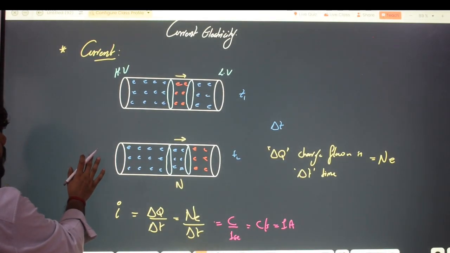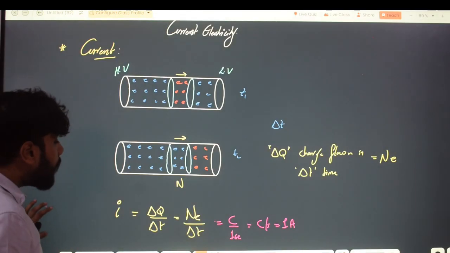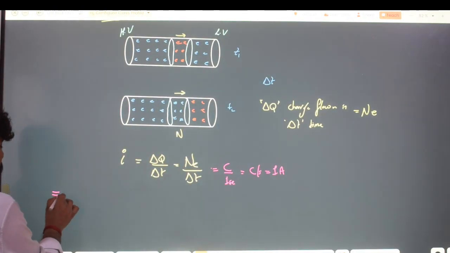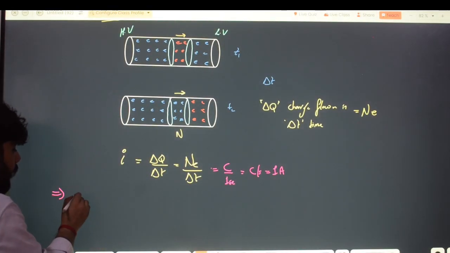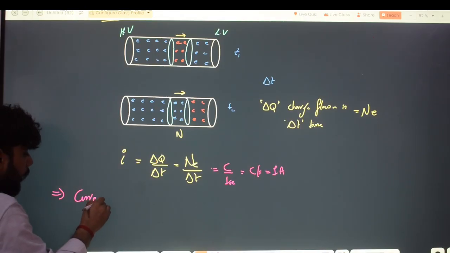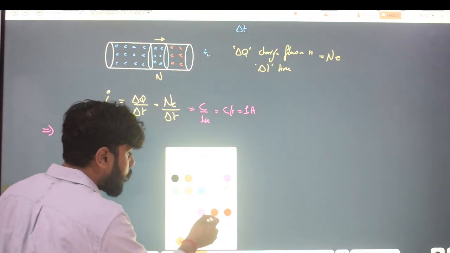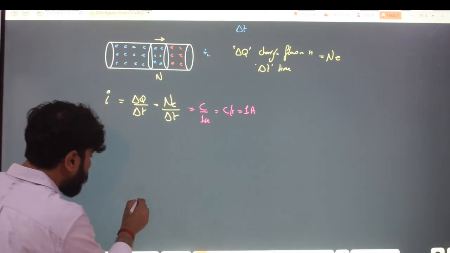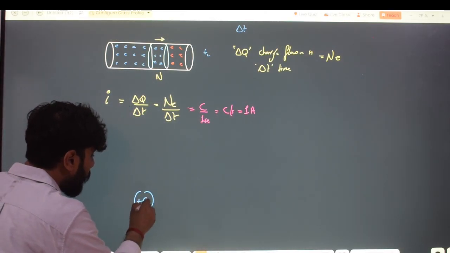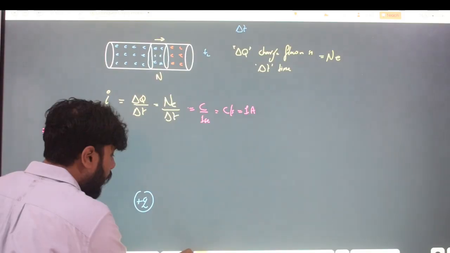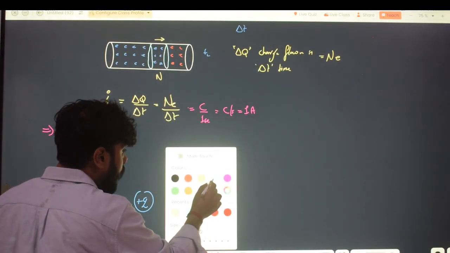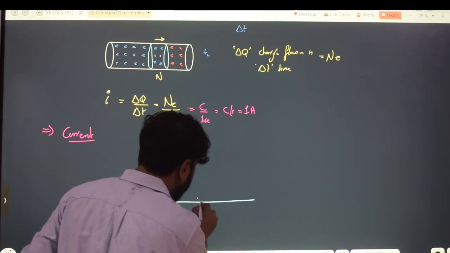It is a simple depiction of what is current, but if you go a little bit advanced, how to define current? How to define current is simply with the help of magnetic field. How else can you define current? Imagine there is a charge, plus 2 or minus 2, whatever you want to imagine, and imagine this charge is moving.